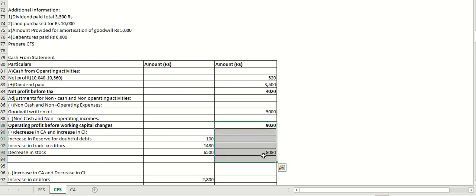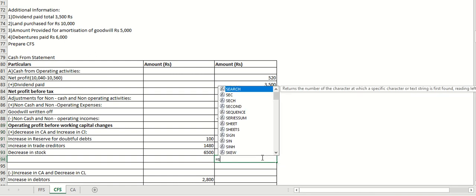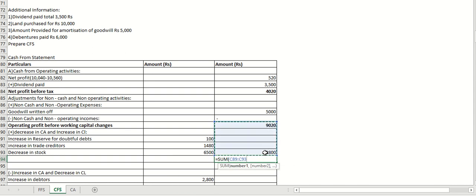So if you add it, you will get the amount to be 8,800. 9,020 plus 8,800, you get 17,820.